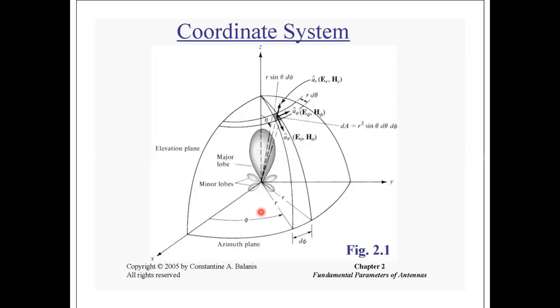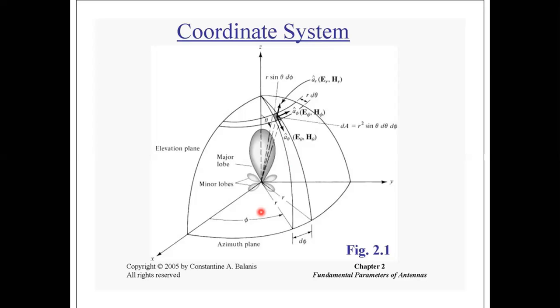Normally, antennas are placed at a height from the surface of the earth, so they are almost located in the air. So we consider the spherical coordinate system as the effective coordinate system for dealing with antennas.